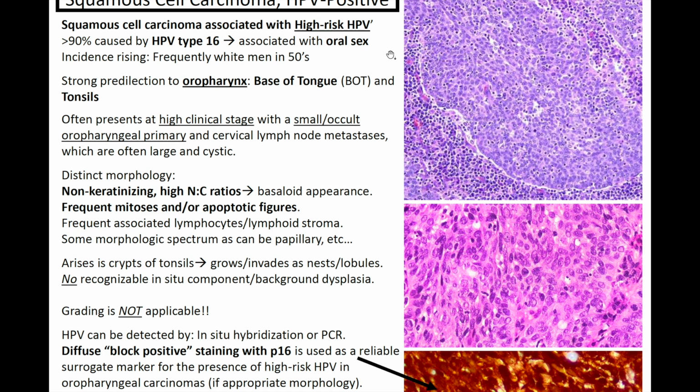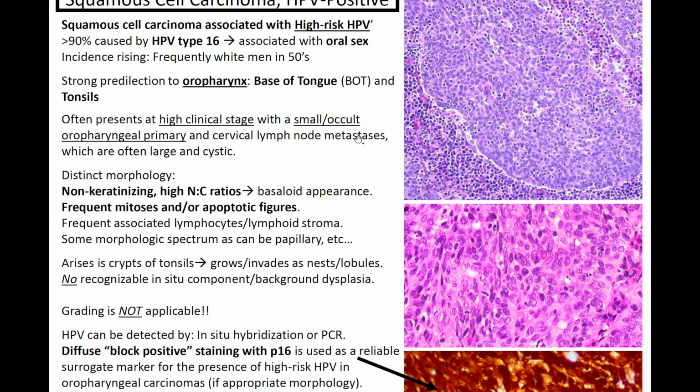It often presents at a high clinical stage with a small, occult oropharyngeal primary and cervical lymph node metastases, which are often large and cystic. There's a distinct morphology, which is non-keratinizing, high N:C ratios, and kind of a basaloid appearance.